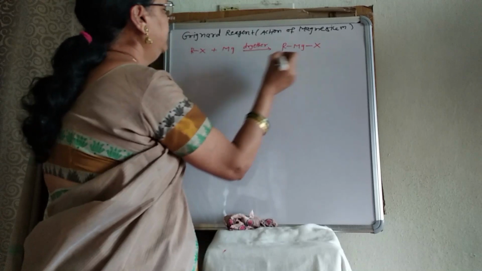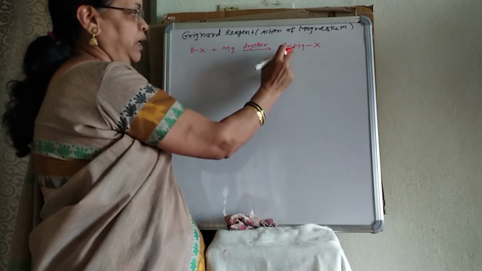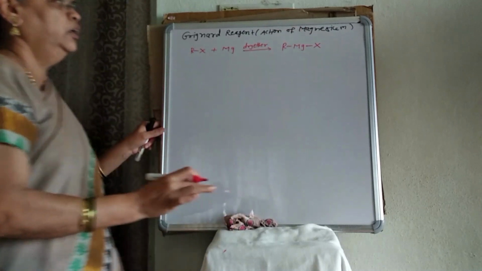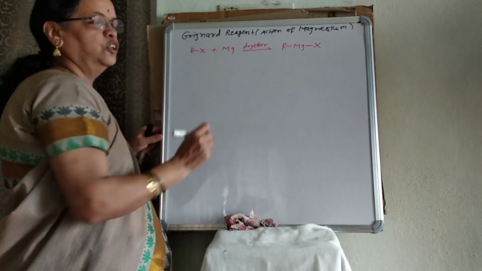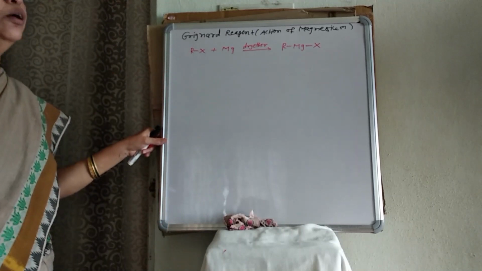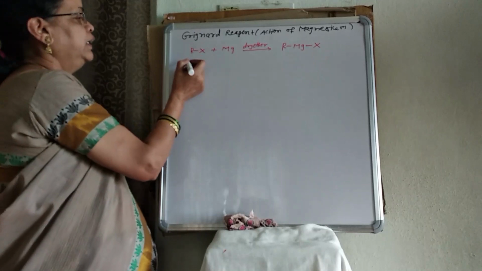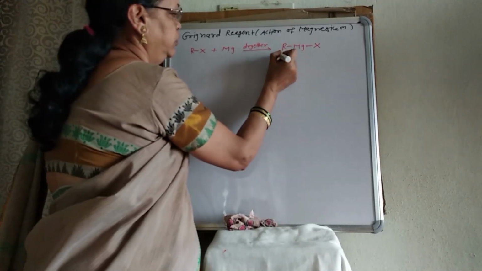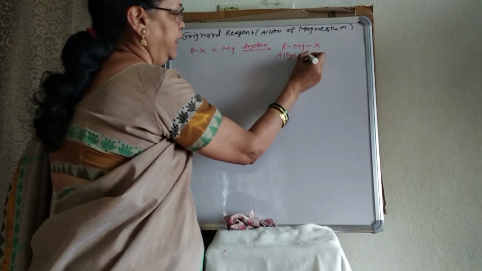Mg is coming in between R and X. So metal is coming in between the organic compound, and therefore this is also called an organometallic compound. So alkyl halide and magnesium give alkyl magnesium halide, RMgX in short.